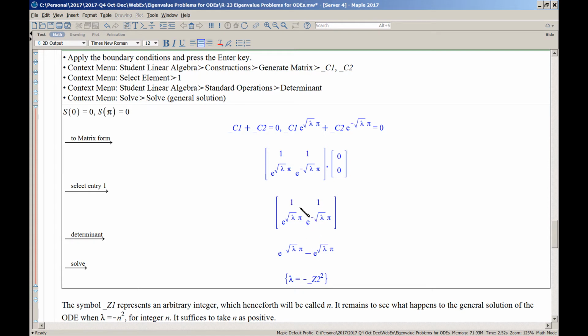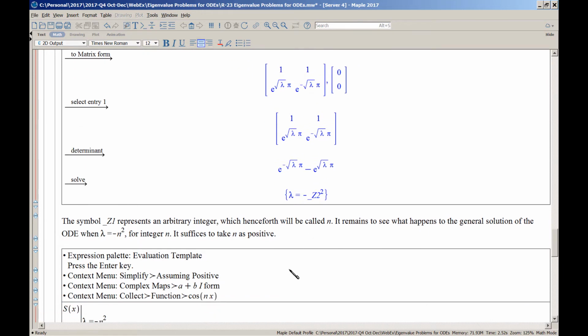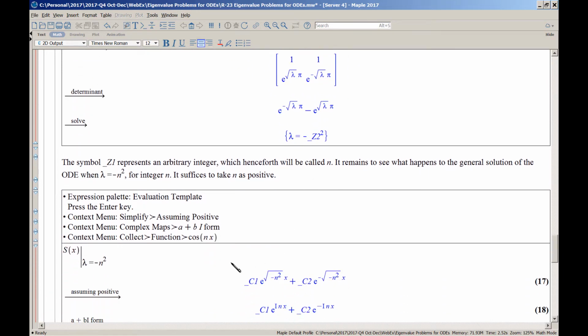So get the determinant, set it equal to 0, which is what the Maple solve command does. And Maple comes back with lambda is the negative of the square of an integer. This underscore Z2 in Maple-speak means an integer. So I'm going to use minus n squared because it just looks better.